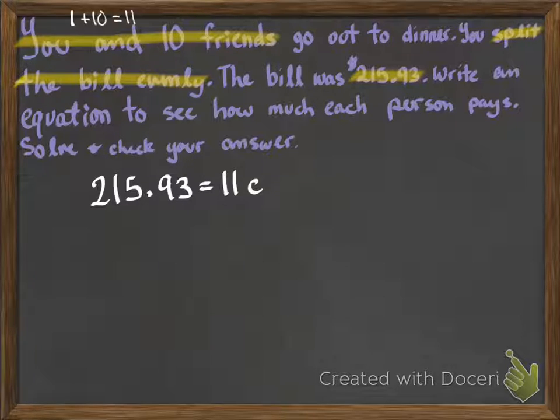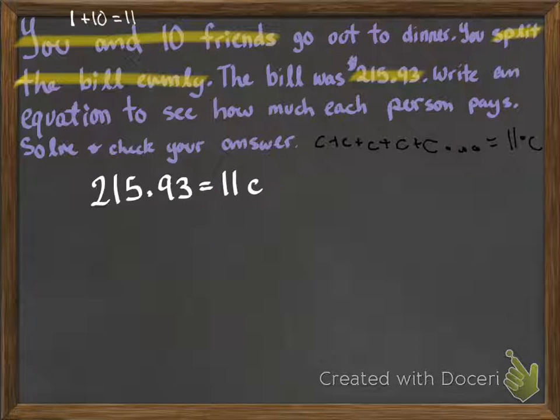So person 1 would contribute 1 C, another person would contribute another C. So you would do this 11 times. So if you had 11 sets of C's, C plus C plus C 11 times, that's the same thing as 11 times C, because multiplication is just repeated addition.